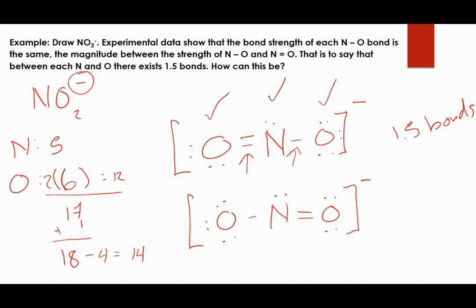So to say that the bond between each N and O exists as 1.5 bonds is that in both structures we have a double and a single. As we do not have 2 double or 2 single, we have 1 double, 1 single, making it 1.5 bonds between the N and the O due to resonance.